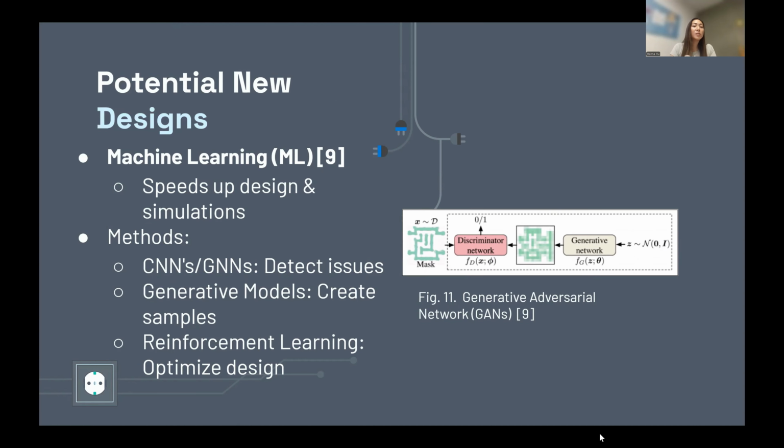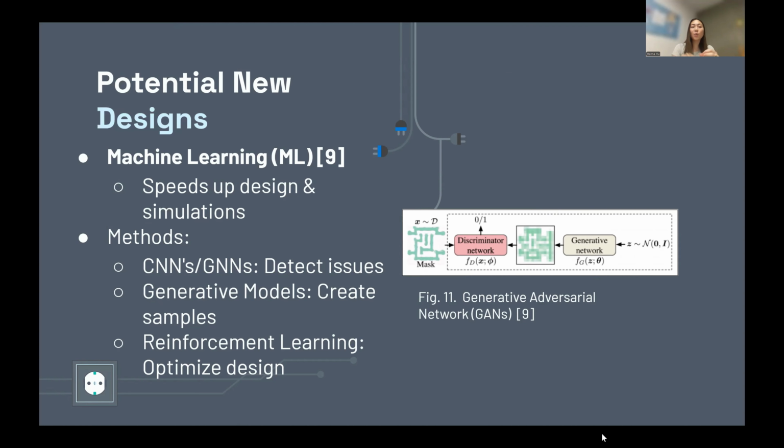Deep learning models such as CNNs and GNNs can detect layout problems and predict congestion. Generative models, as shown in figure 11, can create high quality design samples. GANs are a type of generative model and an AI where two models compete. One creates fake data like images and the other tries to spot those fakes.